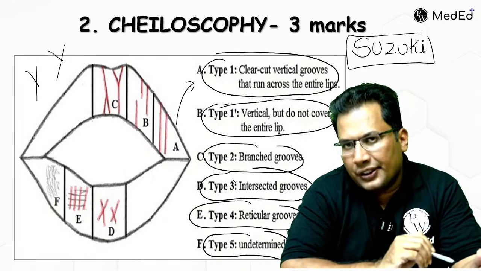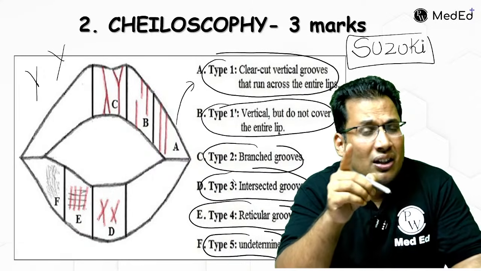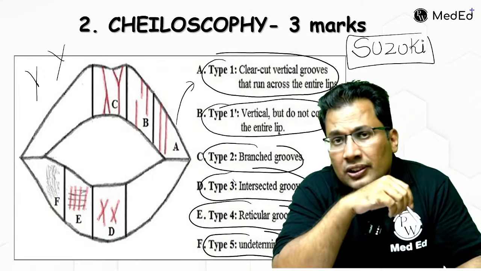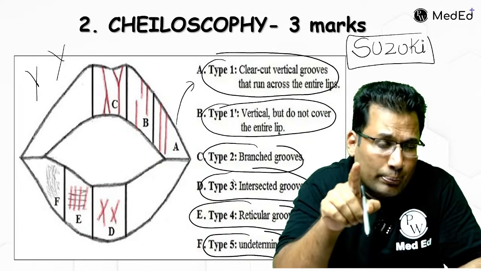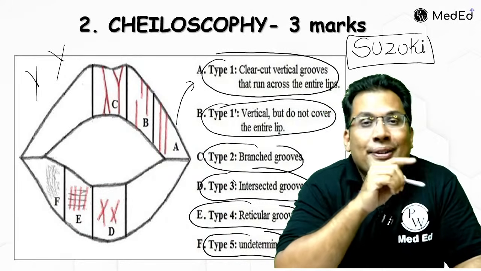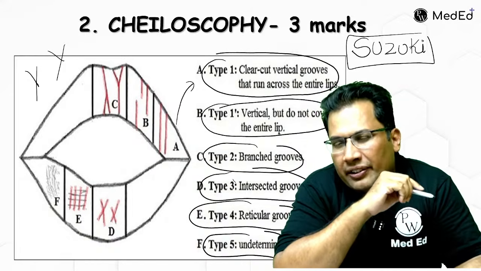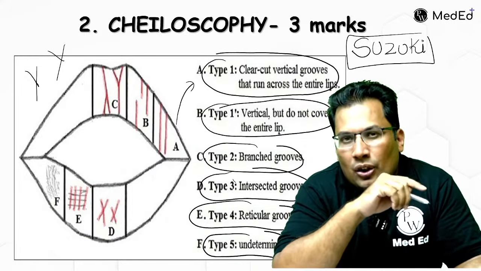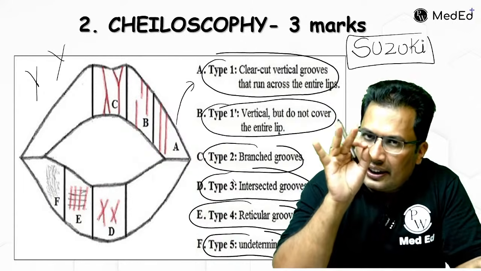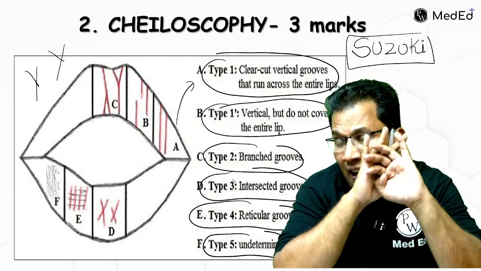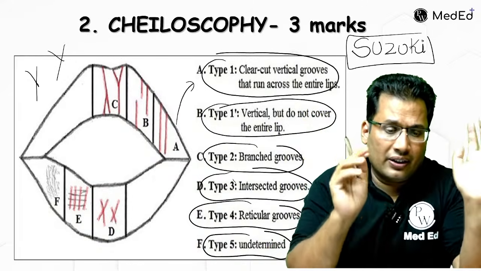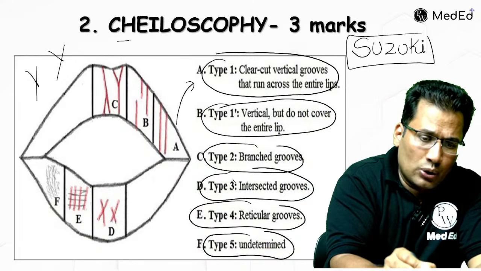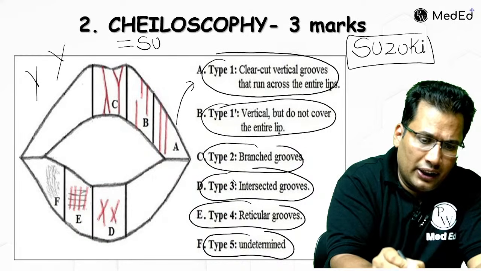Suzuki classification. This is not admissible in court of law. Remember, lip print or cheiloscopy is not admissible in criminal court or civil court in India. Though it's a very good, interesting technique, it is not 100% proof of the identity of the person. Yes, all of you write in the chat box, cheiloscopy is equal to Suzuki.